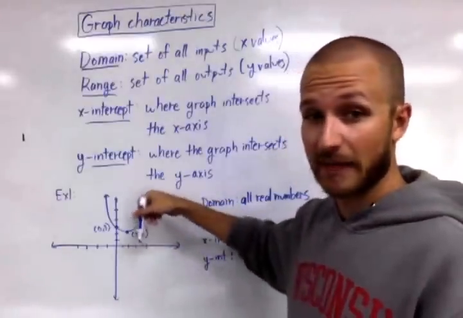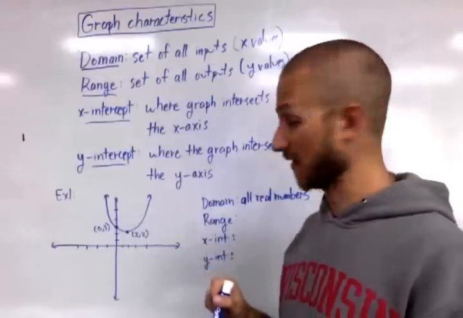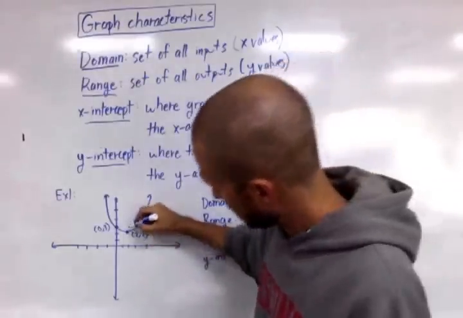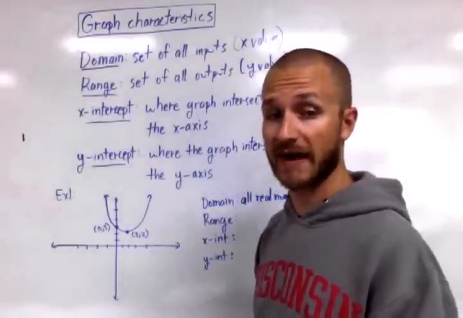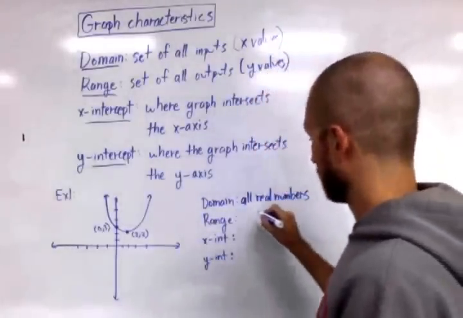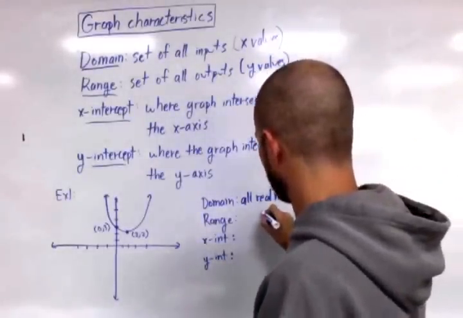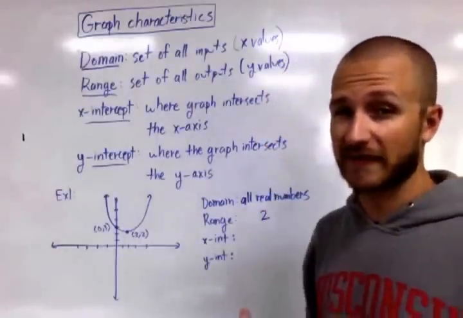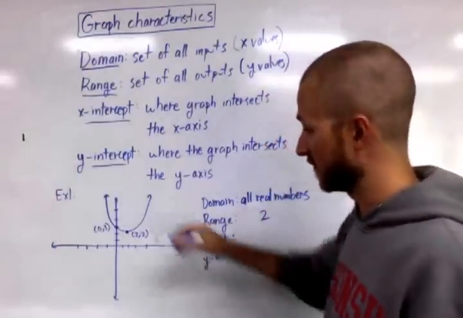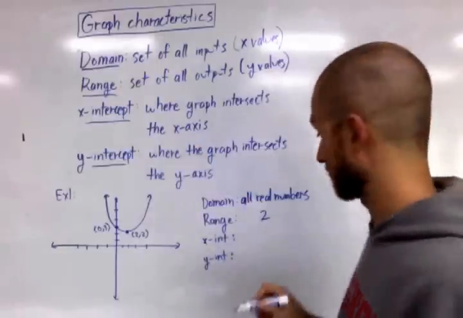We don't have any arrows pointing down, so there is a smallest value. It's what we call the vertex, right here. That's the lowest a y ever gets. So if the smallest y is 2, then it's everything bigger than or equal to that, because you can go anywhere above here, and 2 is included.